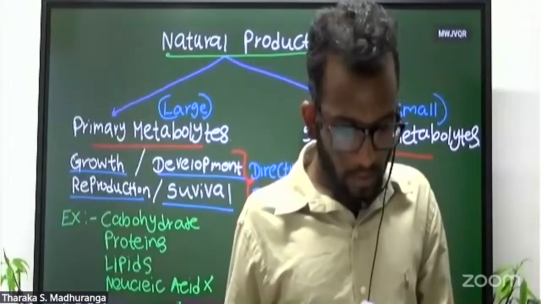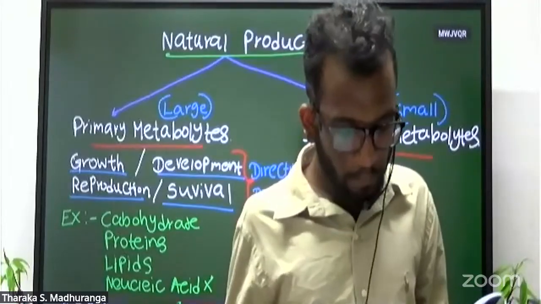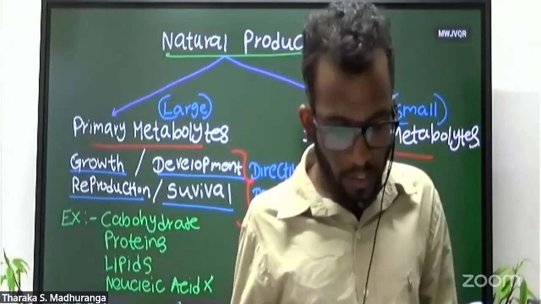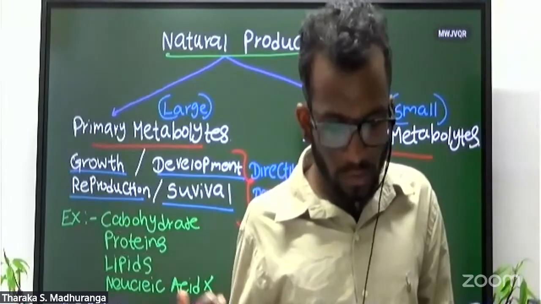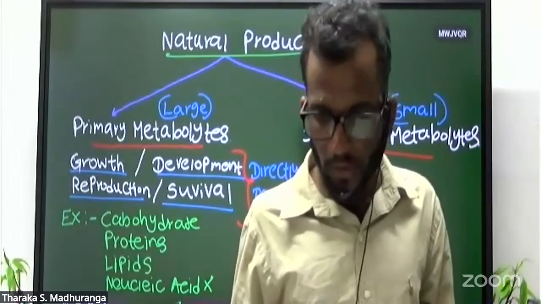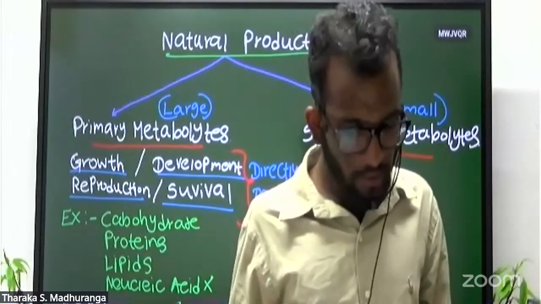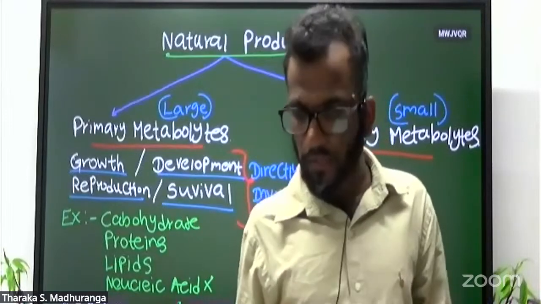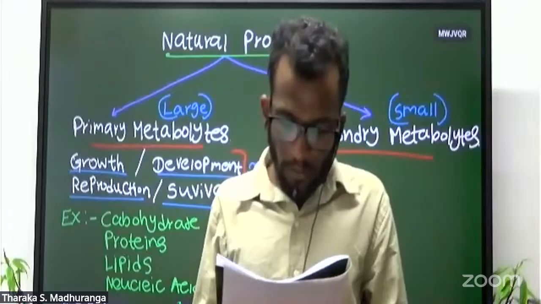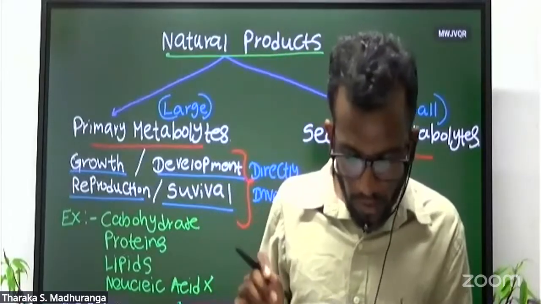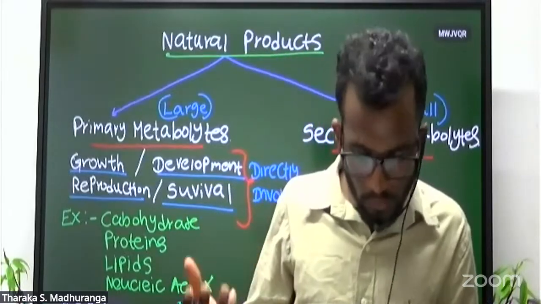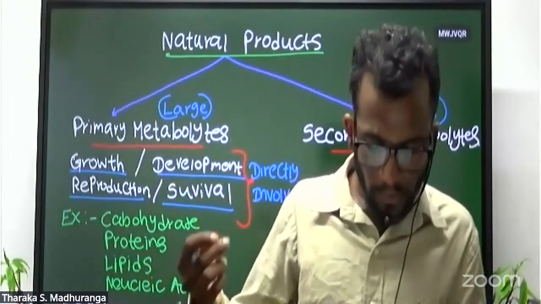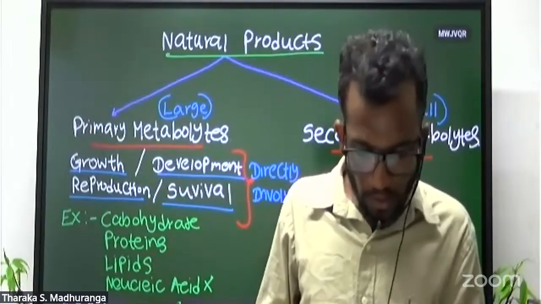Primary metabolites in the tube: primary metabolites are organic substances produced in cells and directly involved in the survival, growth, development, and reproduction of an organism. That's correct. These are components that help maintain processes in an organism. Examples of primary metabolites: carbohydrates like sucrose, proteins, lipids, and acetic acid.